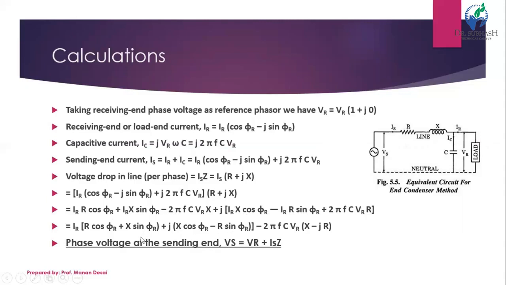And further calculations. Ultimately we get the phase voltage at the sending end, Vs equals VR plus ISZ. So after the calculation, we get the sending end current IS and sending end voltage Vs. We have to calculate the terms IS and Vs.